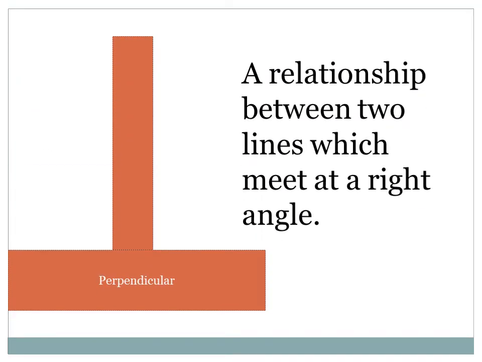Before doing some questions, we will define a term which is named perpendicular. Basically, it is a relationship between two lines which meet at a right angle. Right angle means an angle of exactly 90 degrees. We can also say that if two lines intersect each other at a right angle, then one line is perpendicular to the other line.